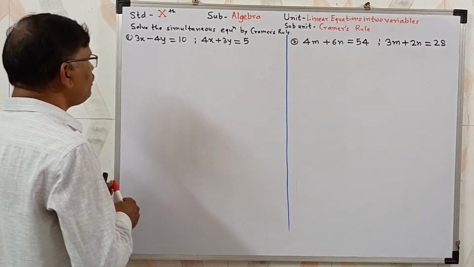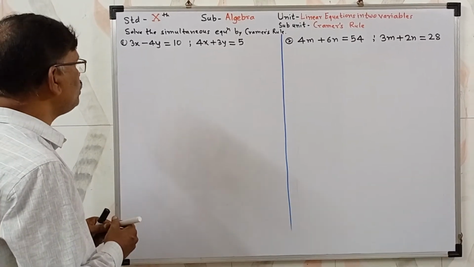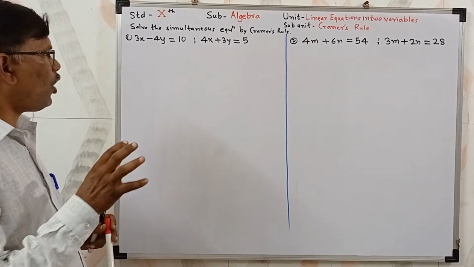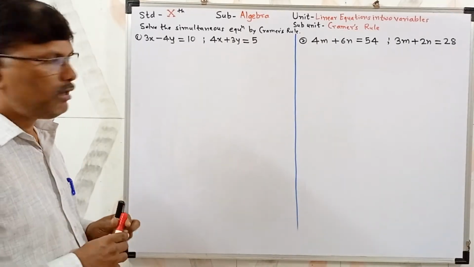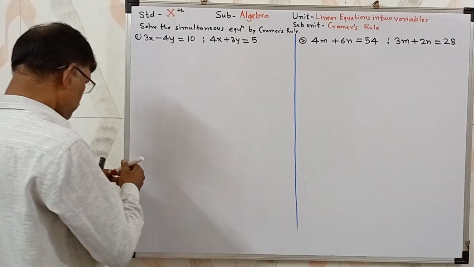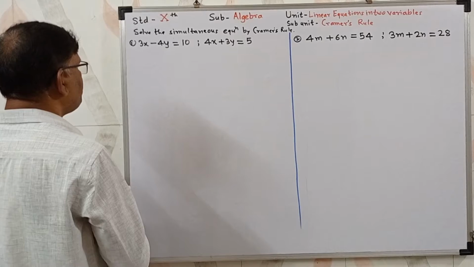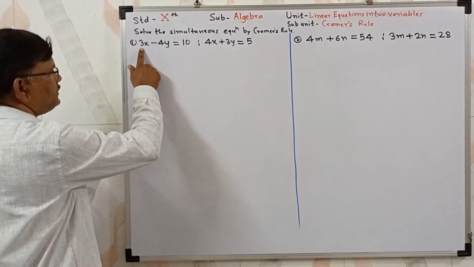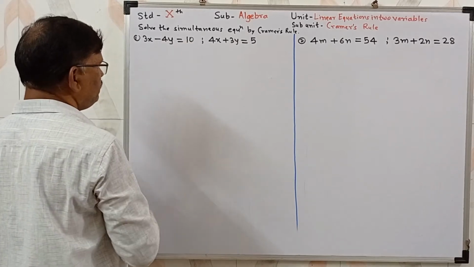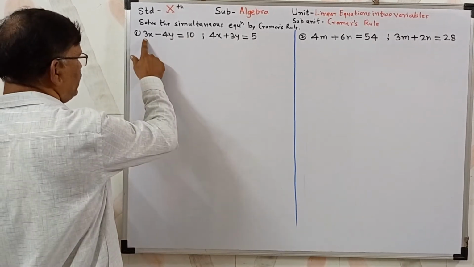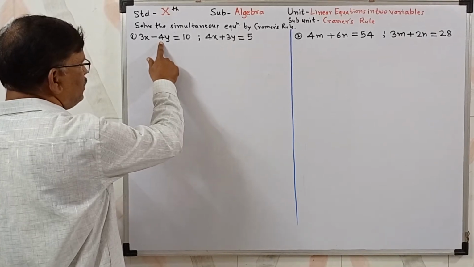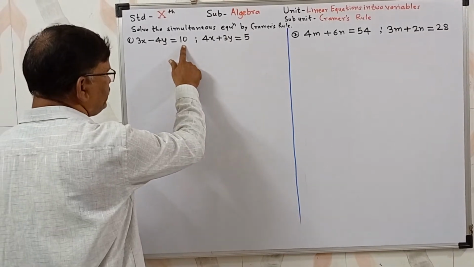Listen, first we find out the coefficients of the equations. So we know the coefficients of the equation: 3 is a1, minus 4 is b1 and 10 is c1.